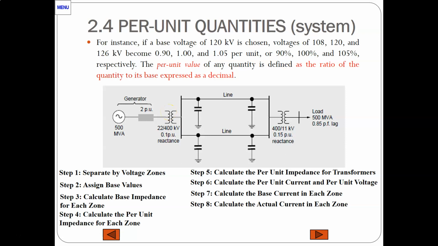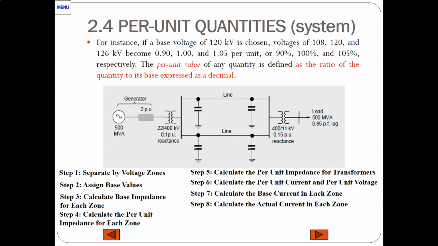The second step is to assign base values. You have to choose the base values for power and voltage. The base power will be the same for each zone, and typically we use 100 MVA as a base, though you can also see some programs using 1000 MVA as a base value.